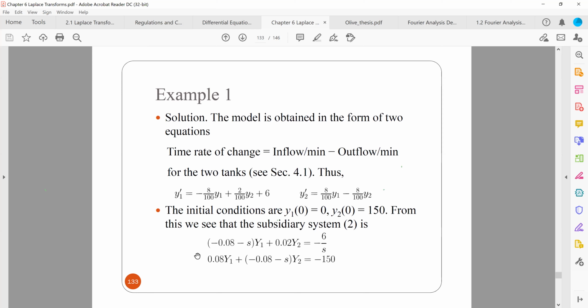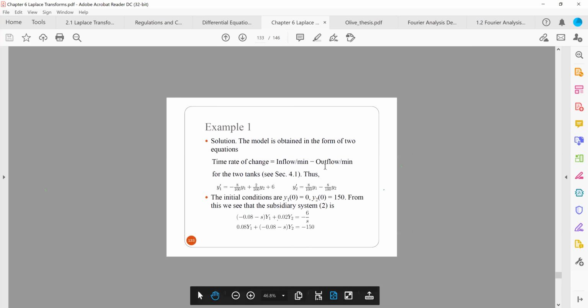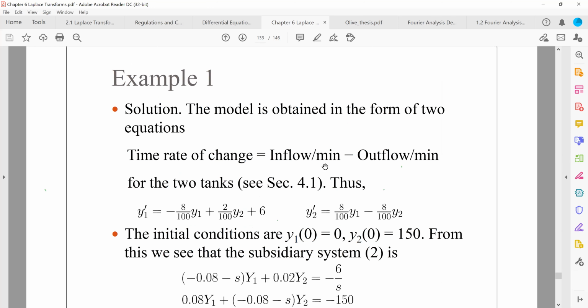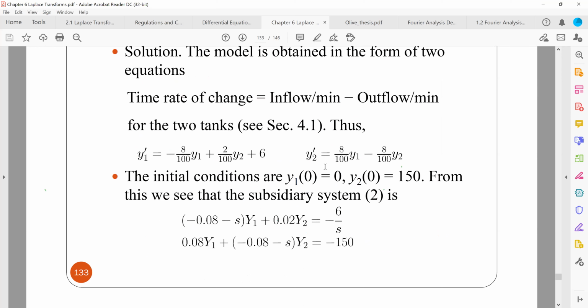Sorry, instead of expanding, I'm reducing. So this is just writing these equations and also taking the Laplace transform of them.